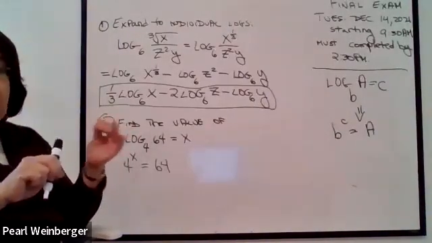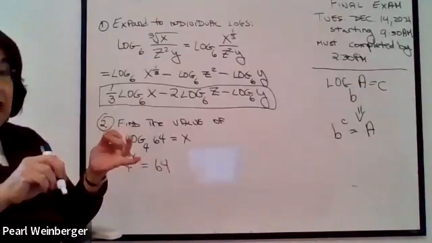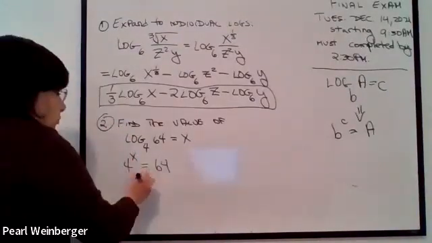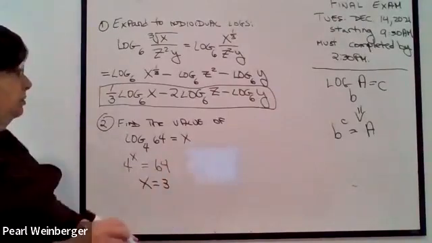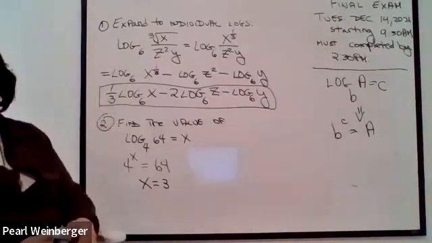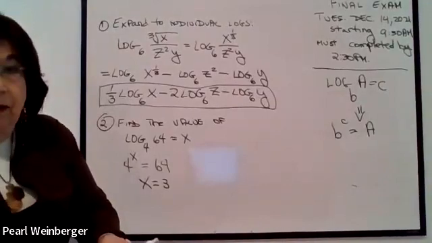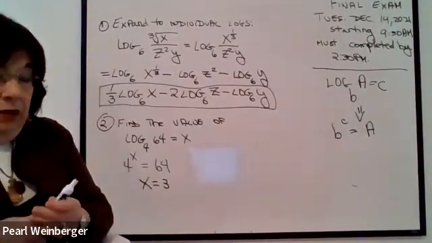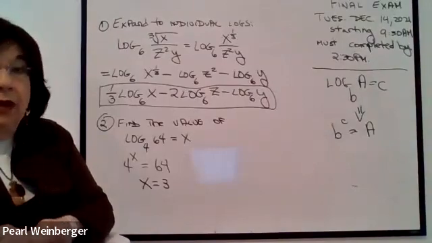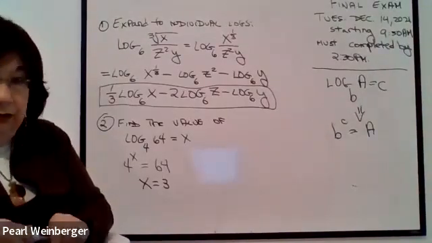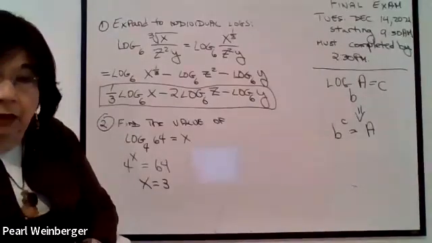In other words, if I multiply 4 3 times, I'll get to 64. So it must mean that my log is equal to 3. The exponent is 3. So that's how, and for sure these types of questions are going to come up on the final exam.